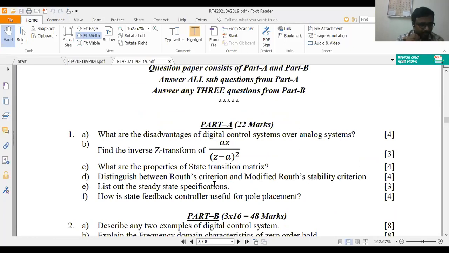The modified Routh criteria table is nothing but determination of the characteristic equation in terms of r. And how is the state feedback controller useful for pole placement?